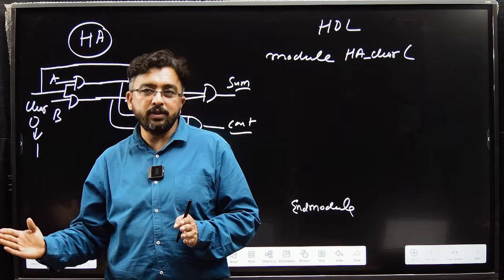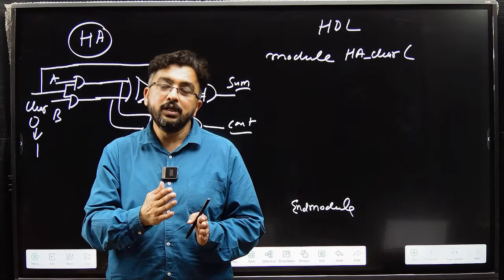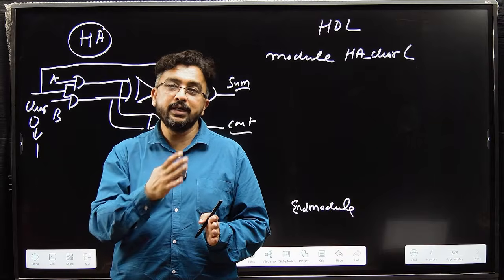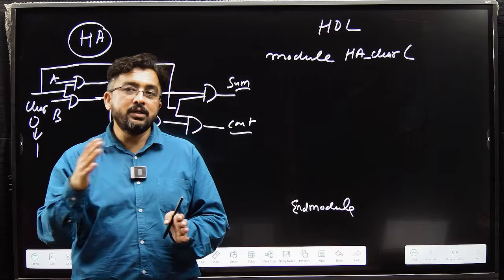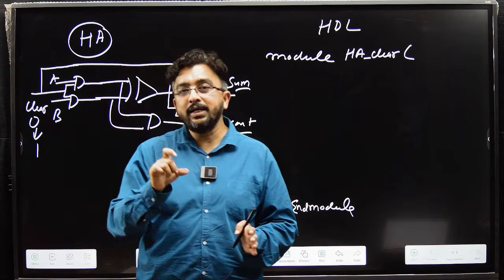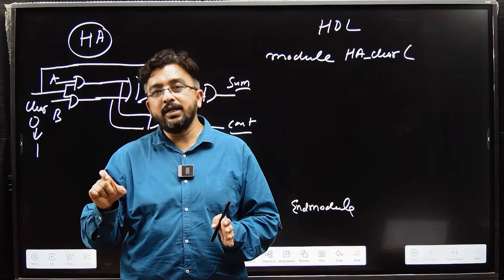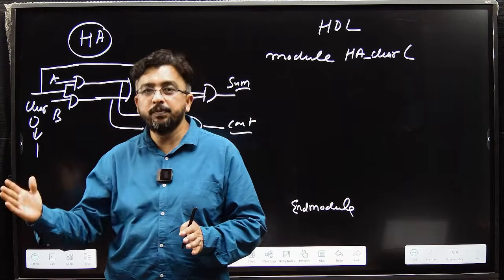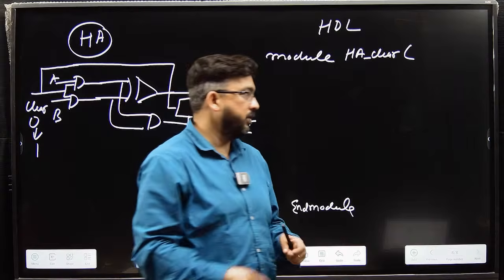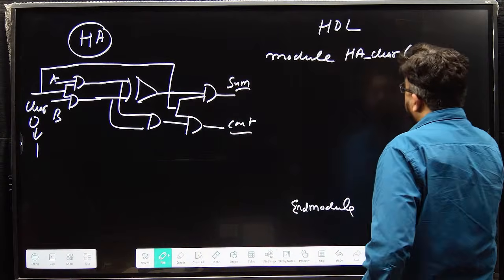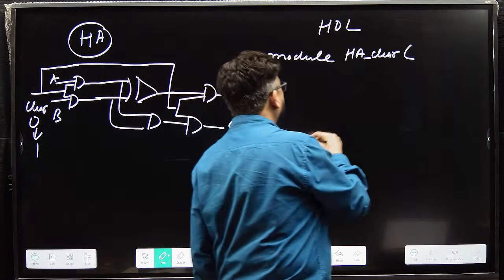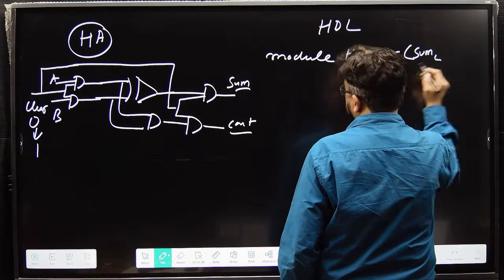If you follow output then input, all your components should be designed in the same form. If input then output, then all your logic should be designed in the same form. I follow first output then input. So what is my output? Sum, Cout.